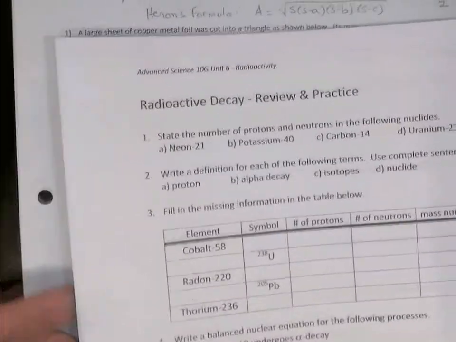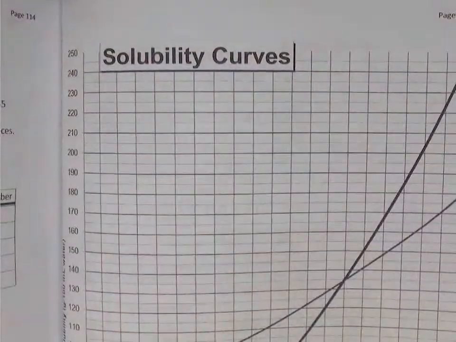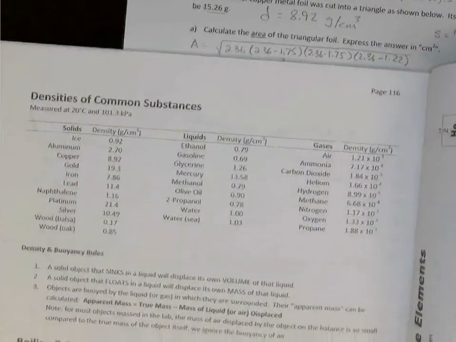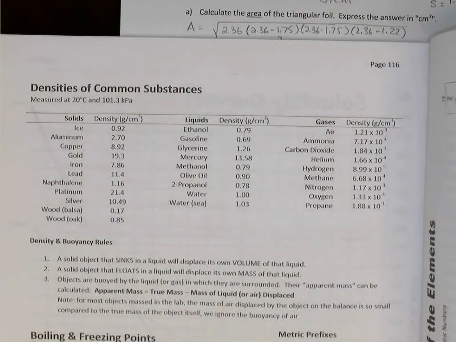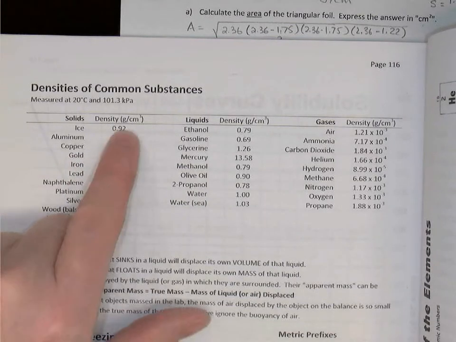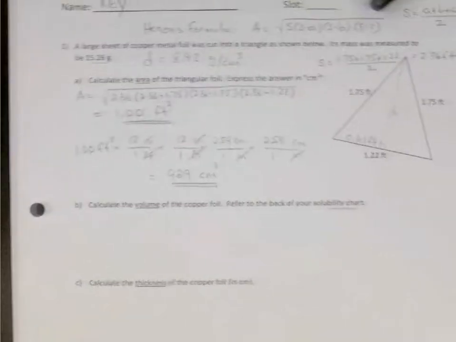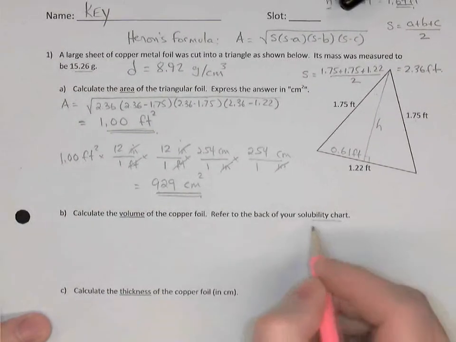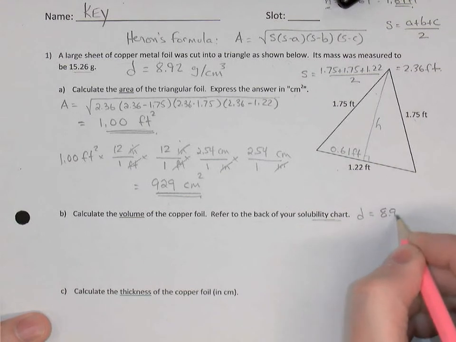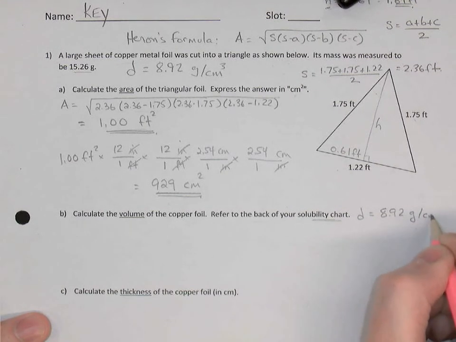There are the solubility curves on that chart, and in the back, page 116 in our books, there's a list of densities. And if we look at copper, 8.92 grams per cubic centimeter, which is what I had on my periodic table. So that's why we wanted to look there to get the density of copper, 8.92 grams per cubic centimeter.